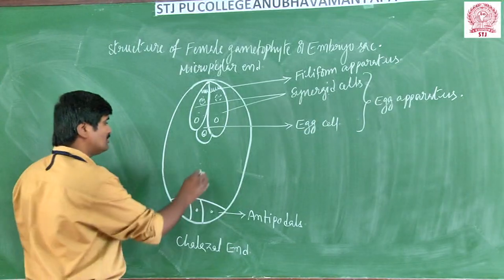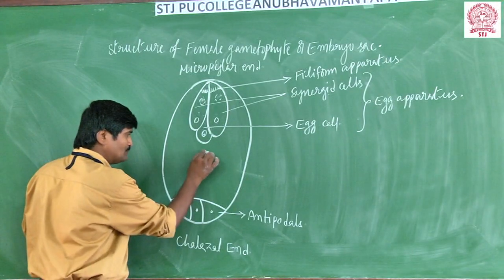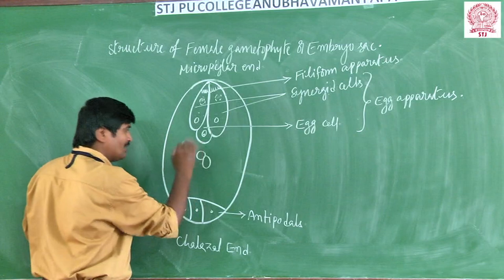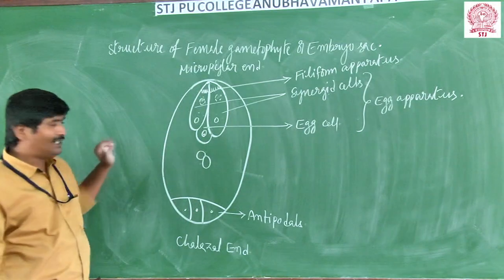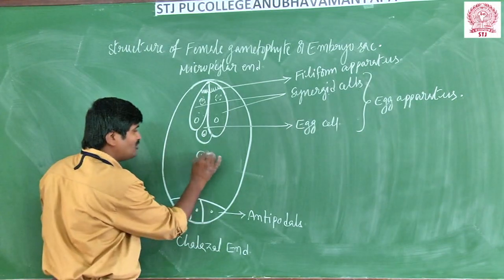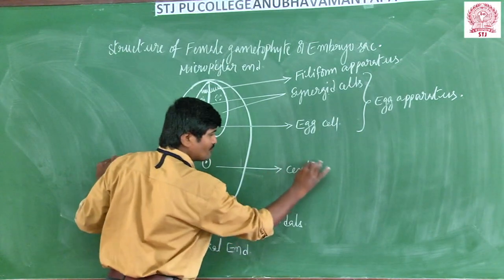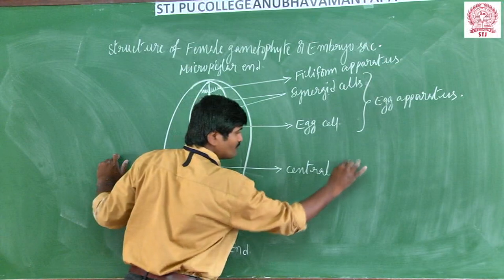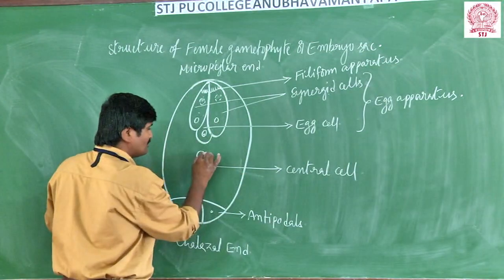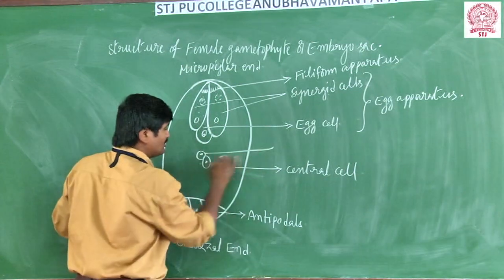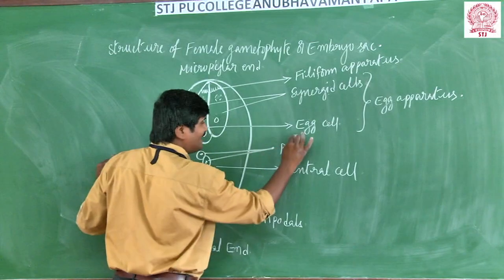Next one, the central cell. It is present below the egg apparatus. It contains two polar nuclei.